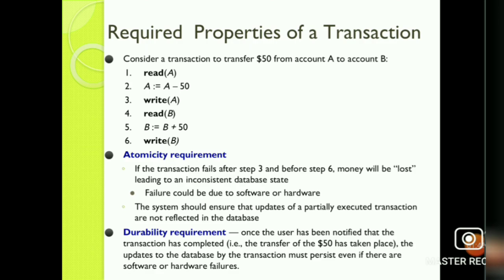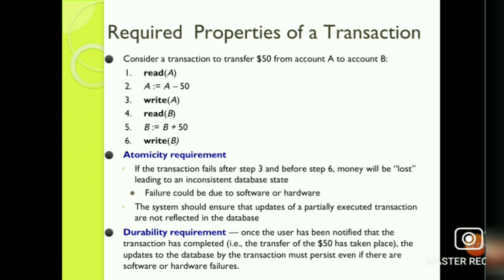So for a successful transaction to take place, it has to satisfy some requirements. The requirements are: first one is the atomicity requirement. What is the atomicity requirement? If the transaction fails after step 3 and before step 6.